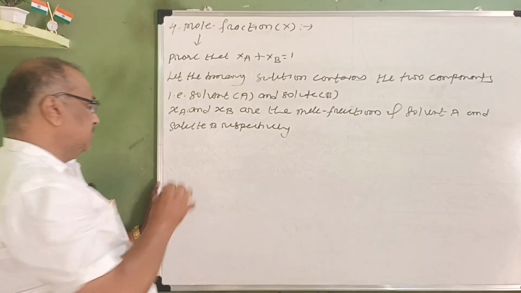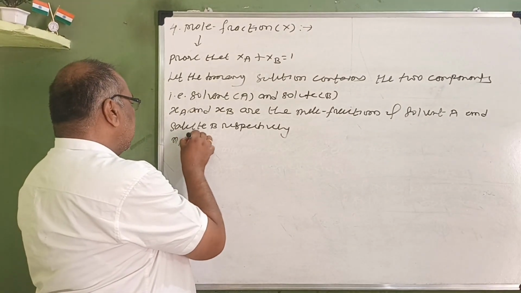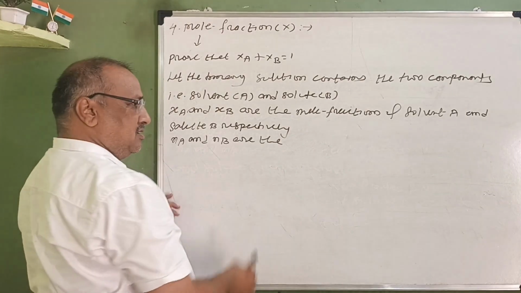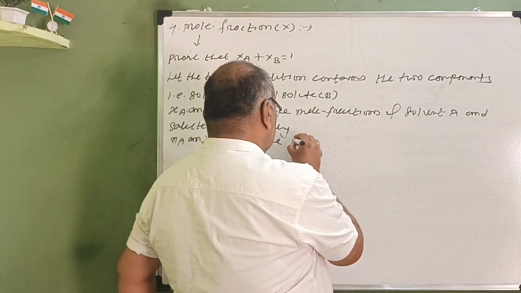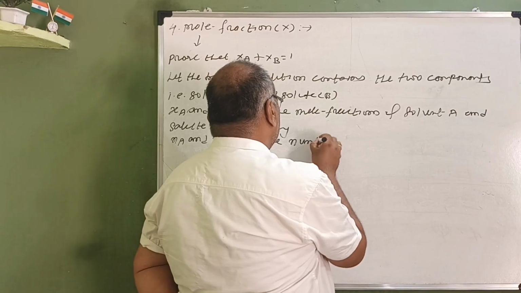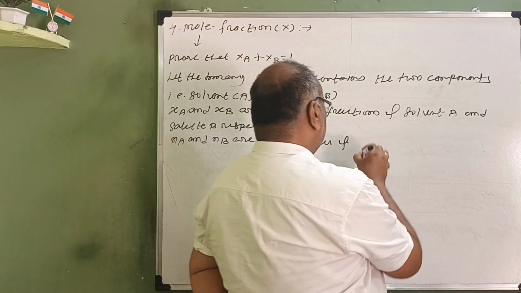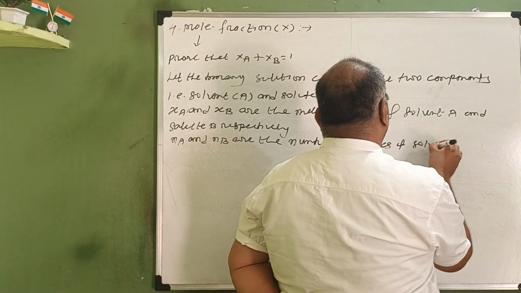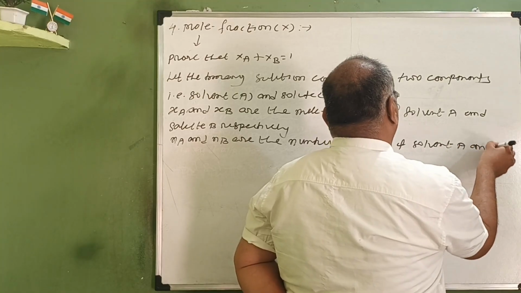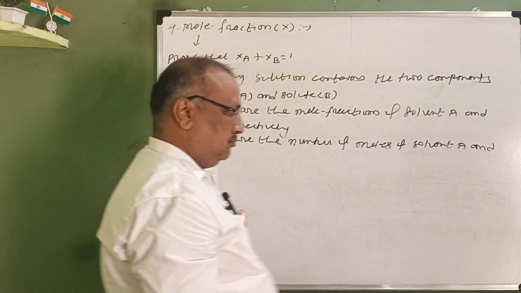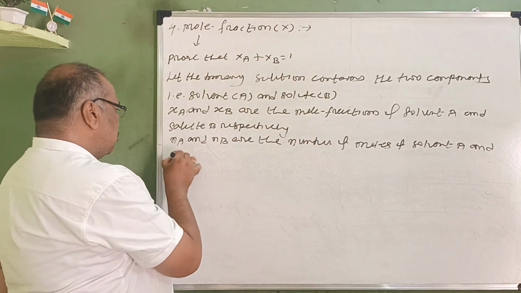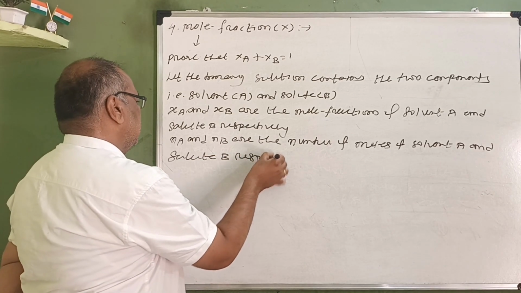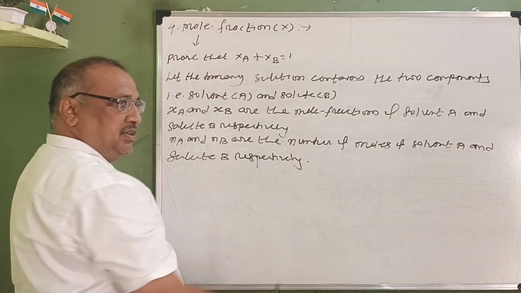Na and Nb are the number of moles of solvent A and solute B respectively.